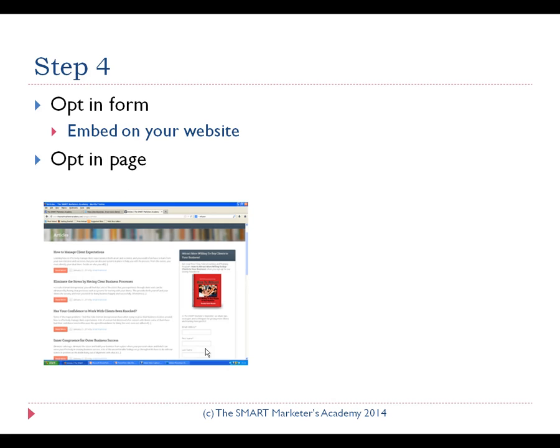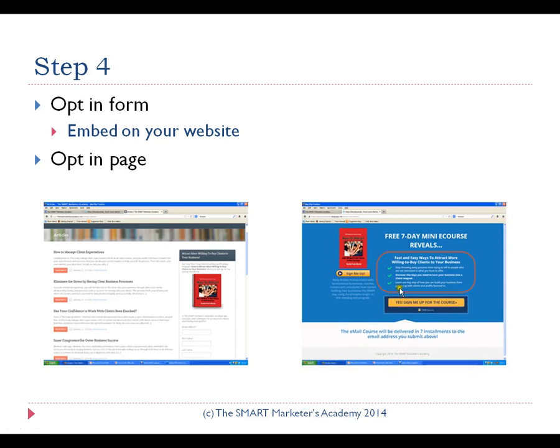Now, another way in which you can collect names and addresses is to have a dedicated page. That means just a single page where people won't be able to go anywhere else. All they have is that page, and the only thing they can do when they come to it is to subscribe to your particular list. And an example is what I have here.